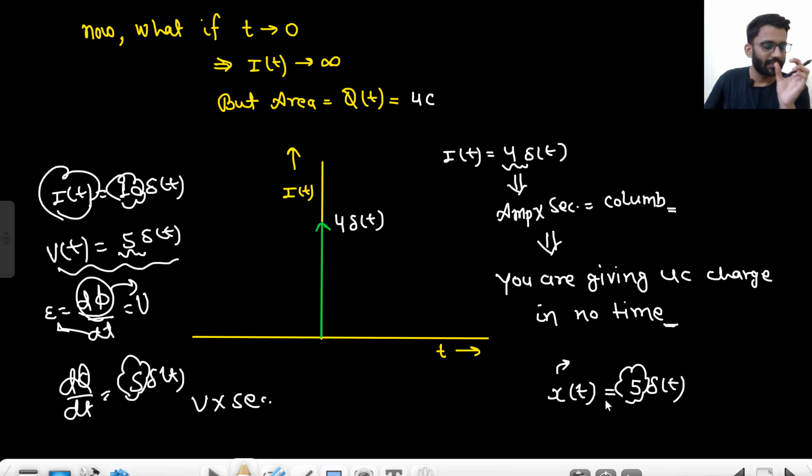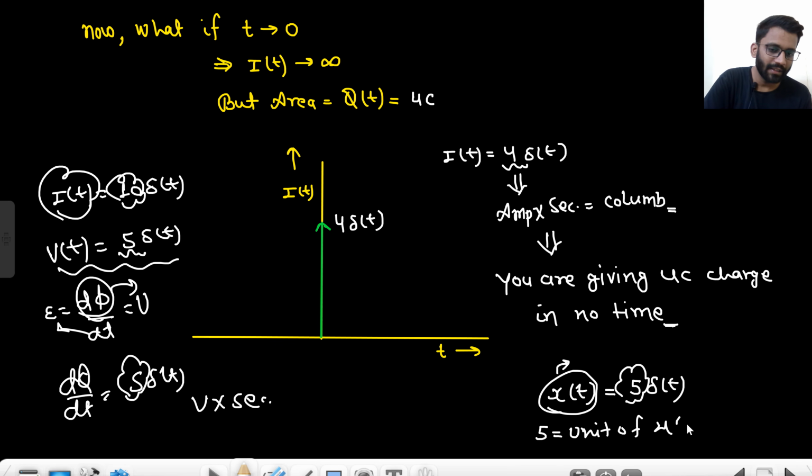This 5 will have the unit of x(t) into unit of t. So basically you are giving 5 amount of that value in no time. So here you are giving 4 coulomb charge in no time. Are you getting this point? I hope you have understood this point. Okay.